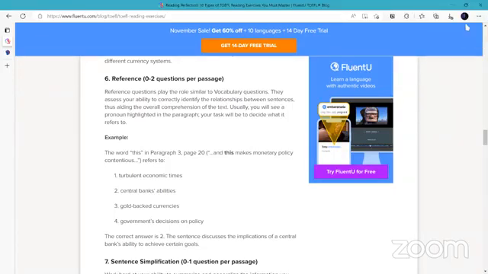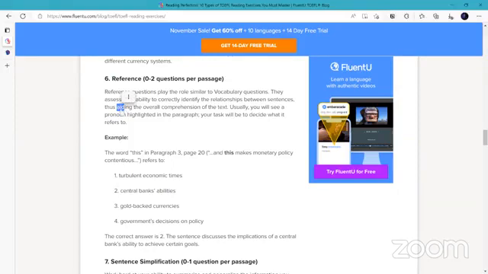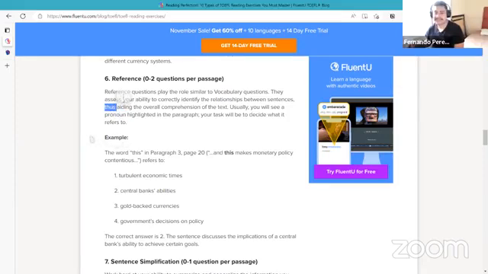Reference questions play a role similar to vocabulary questions. They assess your ability to correctly identify the relationships between sentences, thus aiding the overall comprehension of the text. Aid is similar to help, and thus is a conjunction that means therefore.